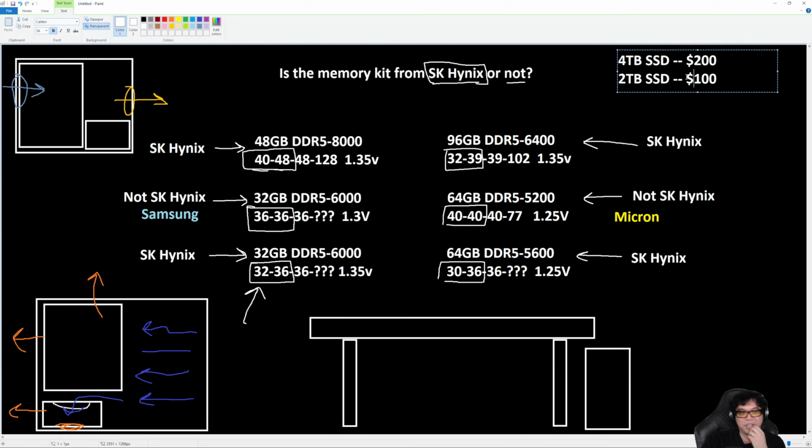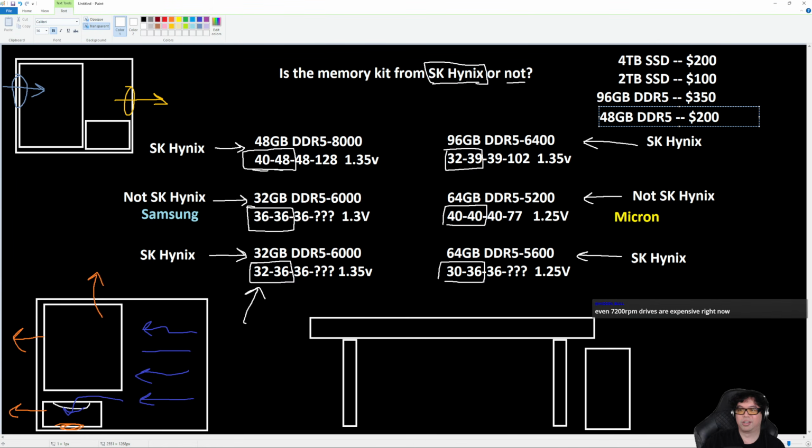And for reference, memory. If I'm gonna buy 96 gigabyte DDR5, I will pay $350. I will not pay more than $350. So this is why, yeah, memory is not affordable. 48 gigabytes of DDR5, whatever, like $200.